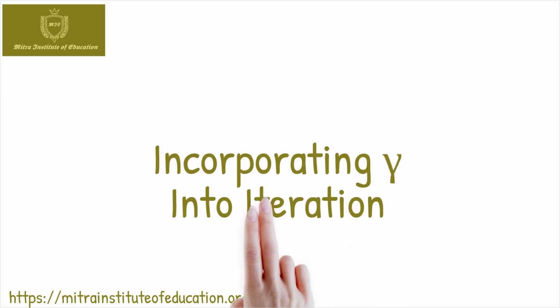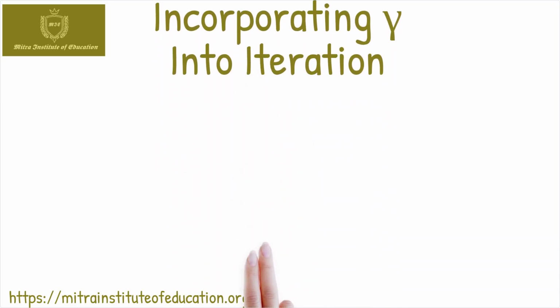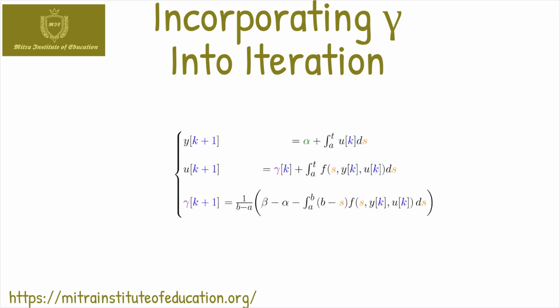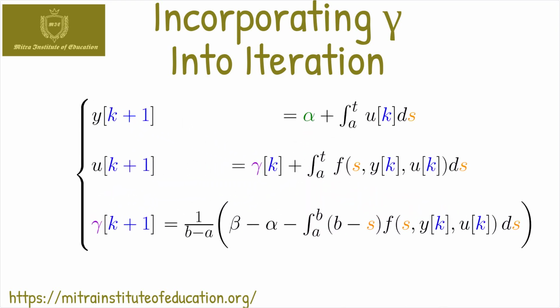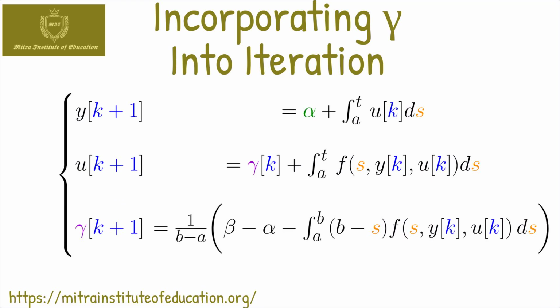The innovative aspect of this method lies in incorporating the expression for gamma into the modified Picard iteration scheme. This allows for successive approximations of the unknown function and the missing value. With each iteration, we refine the solution for the function and the estimation of the missing value, leading to an increasingly accurate result.